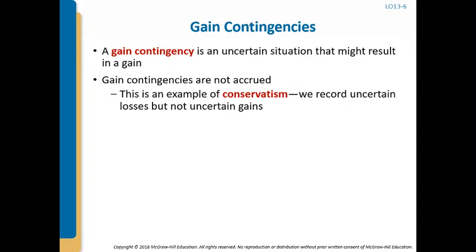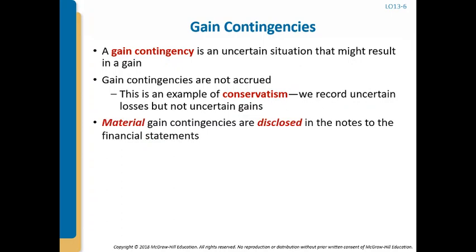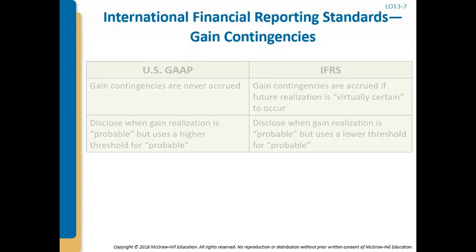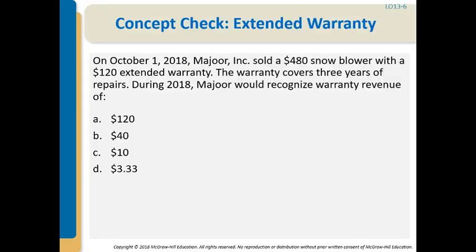And the answer is no, because of the conservatism principle. So we record uncertain losses, but not uncertain gains. You do disclose material gain contingencies in the notes to the financial statements, though.